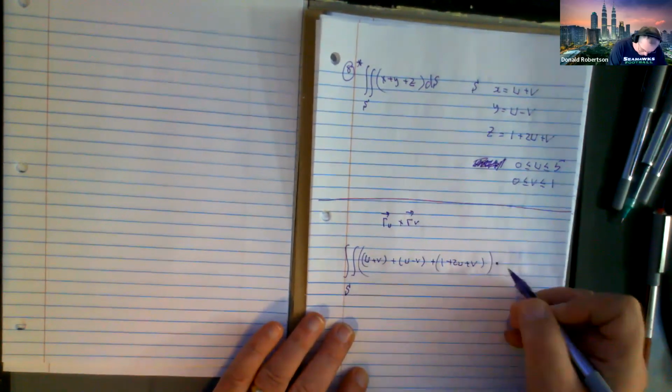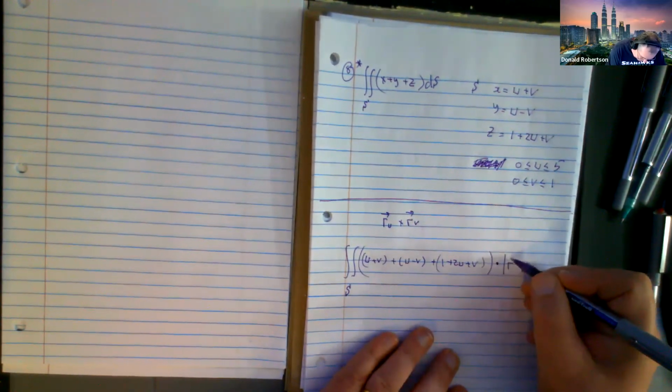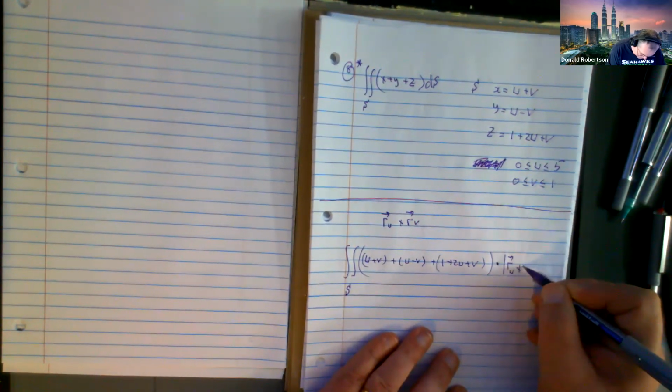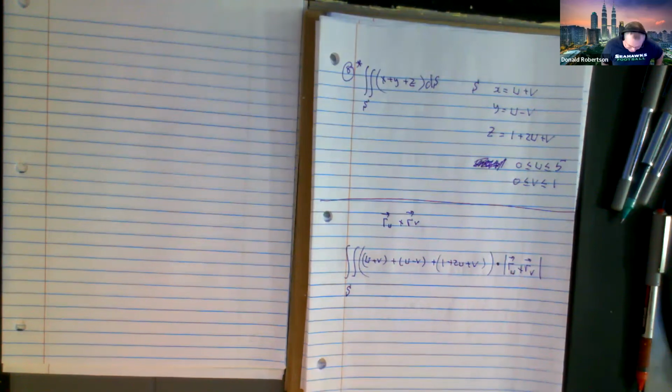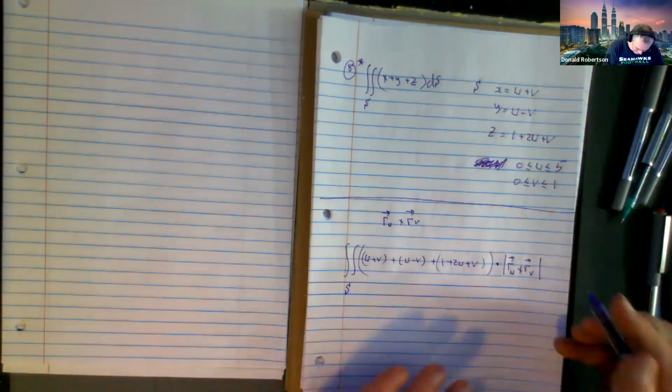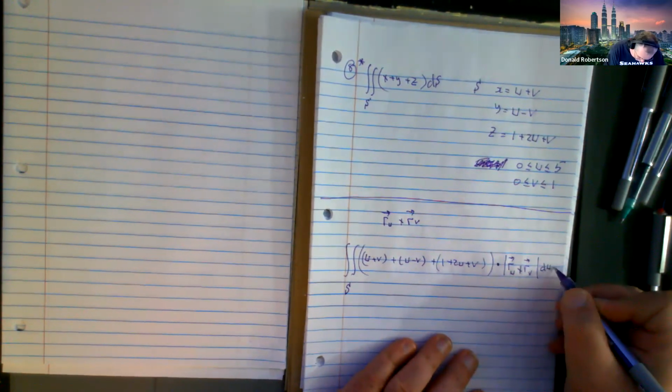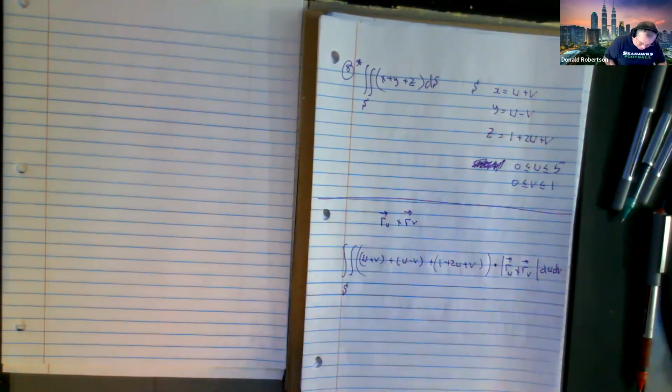You then multiply by that little guy. And this little guy is actually 2 by 2, which is fine. And then we can do a du dv.